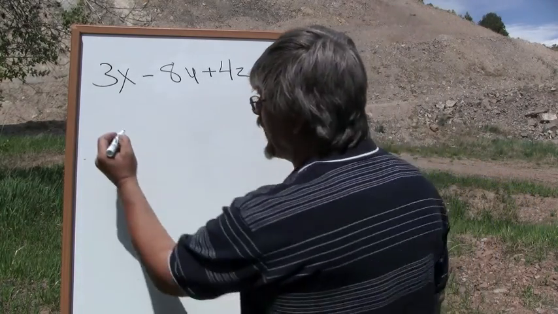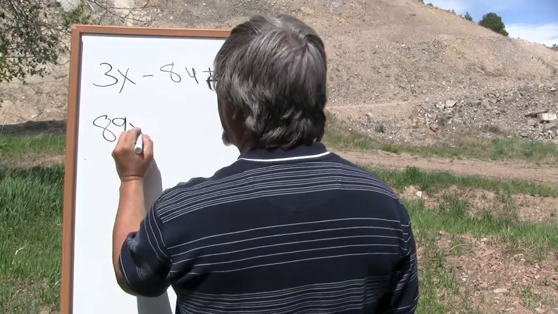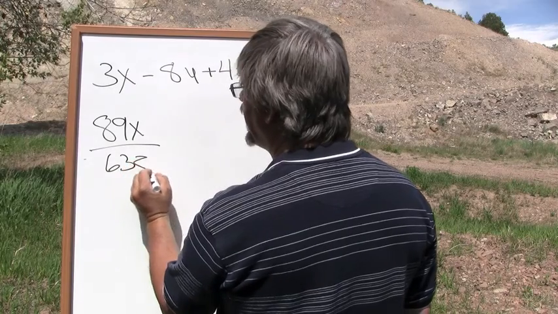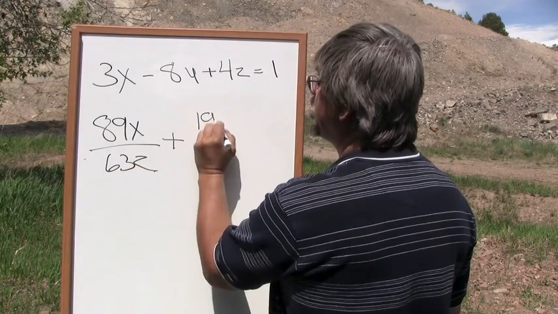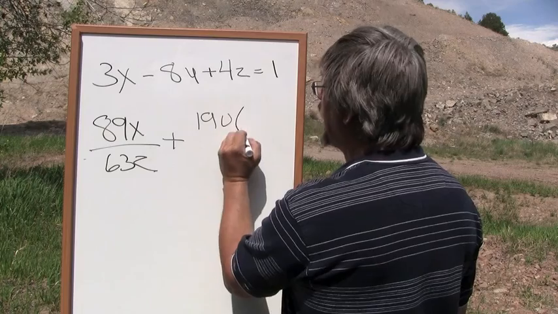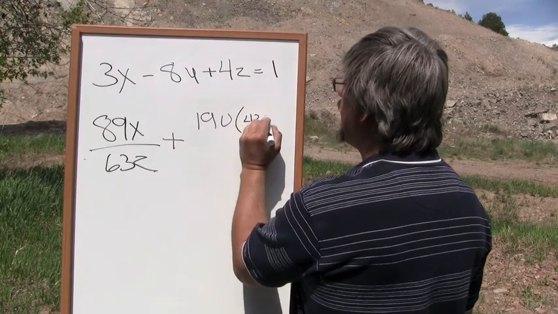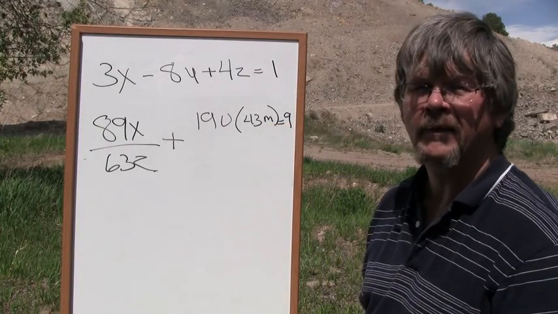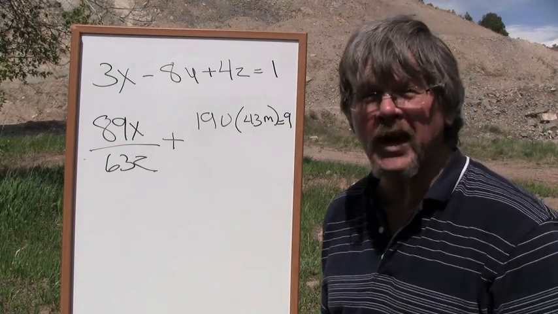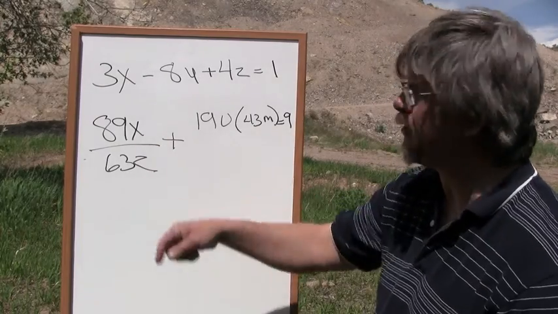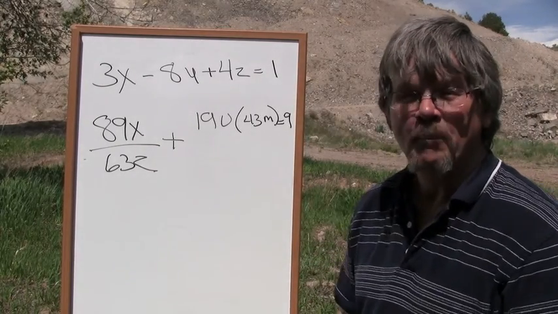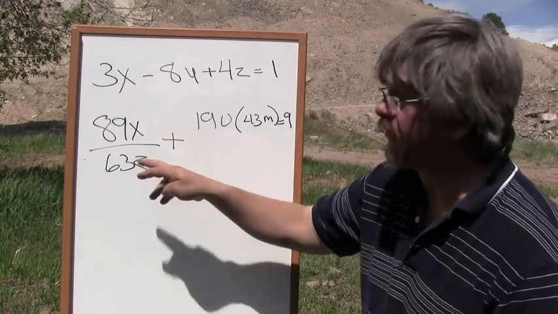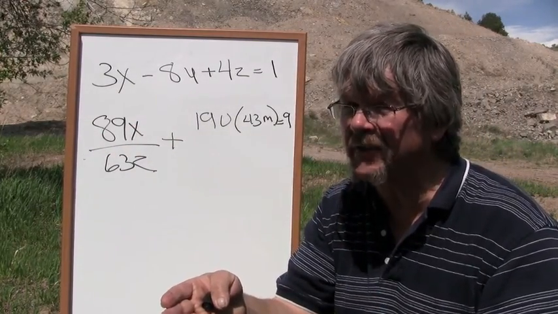Not likely. What if you have something like this? 89x divided by 63z plus 19u times 43m equals 9. Don't tell me, don't even pretend you're going to tell me that you can do that in your head. You can't. But through undoing, something's been divided, so we know we're going to be multiplying some stuff.